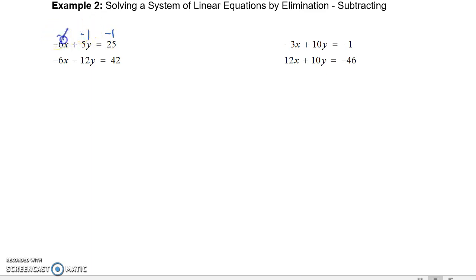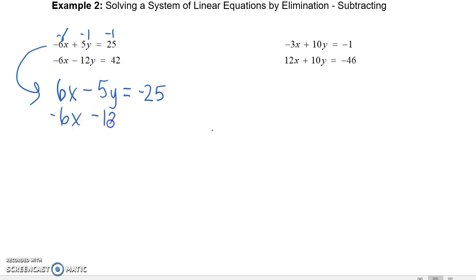Ooh, that -1 looks bad. Okay, so I'm going to bring that down. And -6x times -1 is positive 6x minus 5y equals -25. And the other equation gets to stay the same. -6x minus 12y equals 42 because those are opposites.